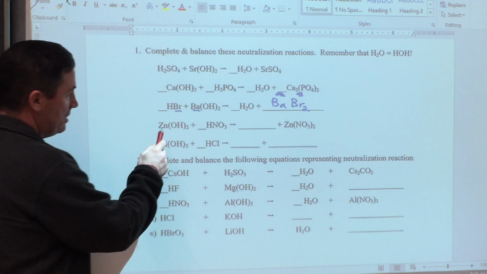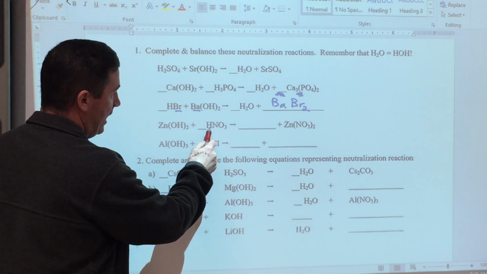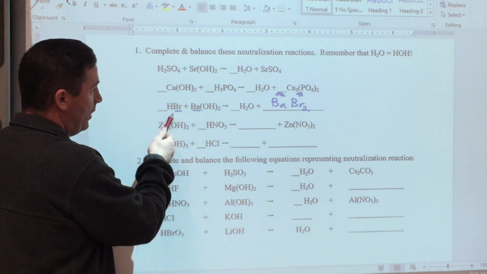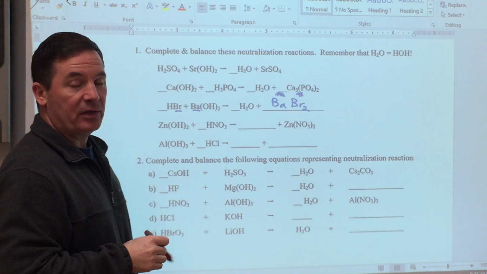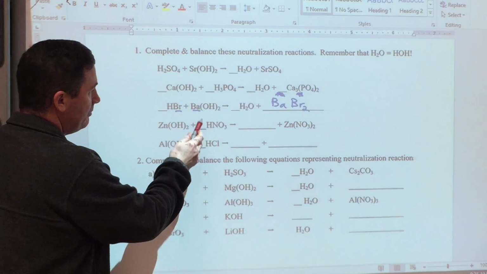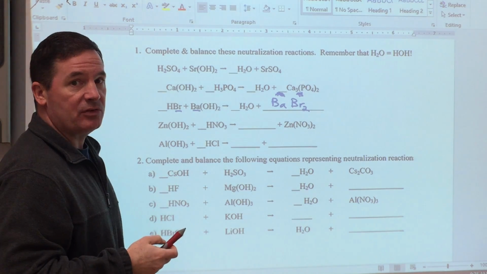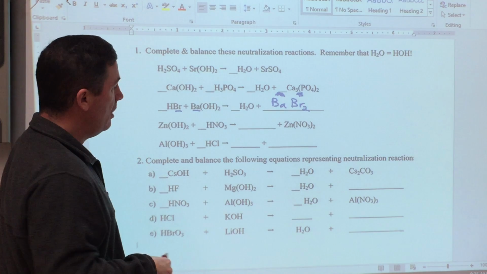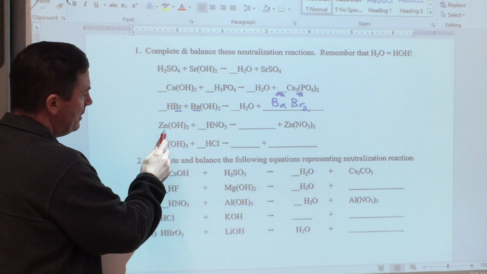All right, the next one is zinc hydroxide and HNO3. By the way, HBr is part of Brickle, and that is the mnemonic for strong acids. This is also a strong base because barium is in group 2, alkaline earth metal.